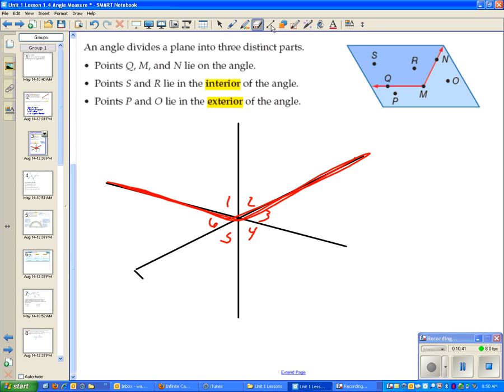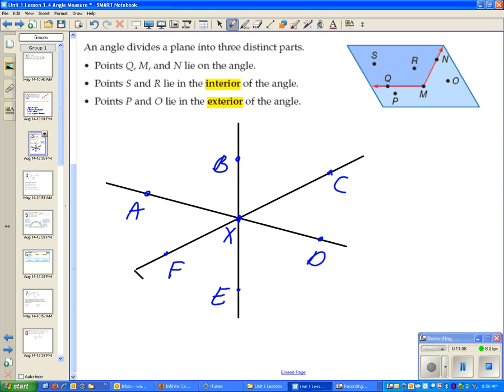So, naming angles after their vertex or a number is nice and convenient, and when it works, go ahead. But it doesn't always work. So what would we do? Well, we've got to pick a point off each side.